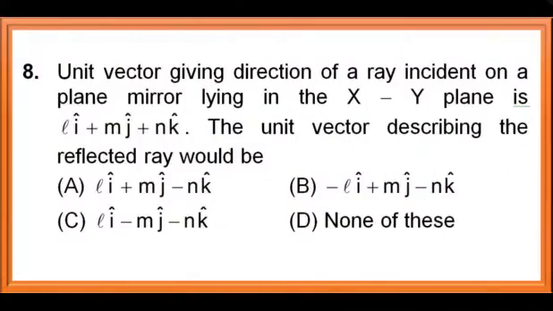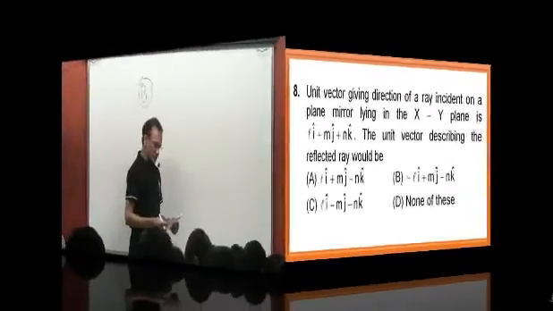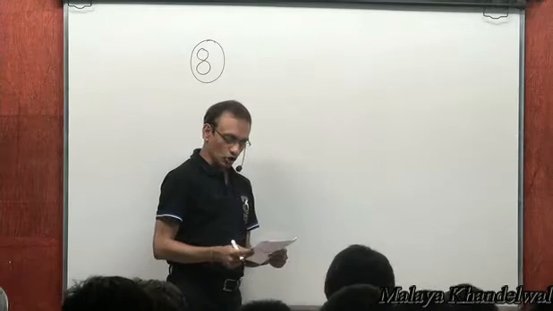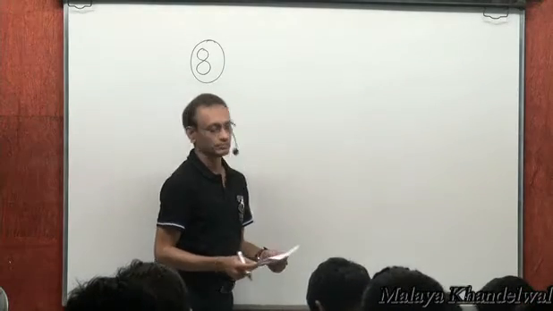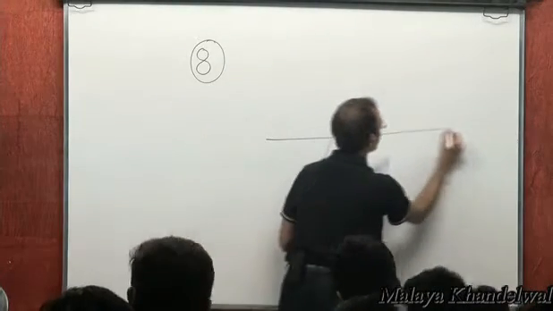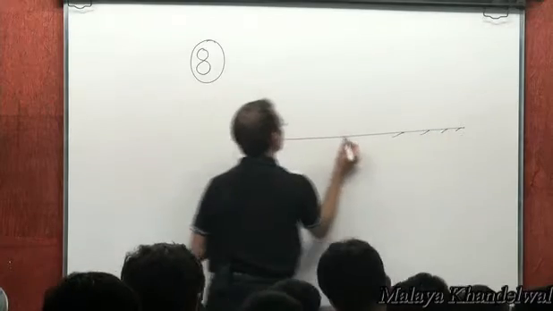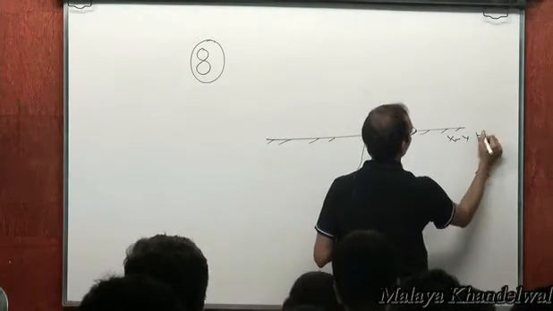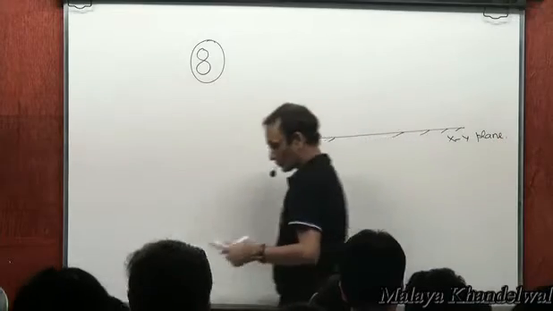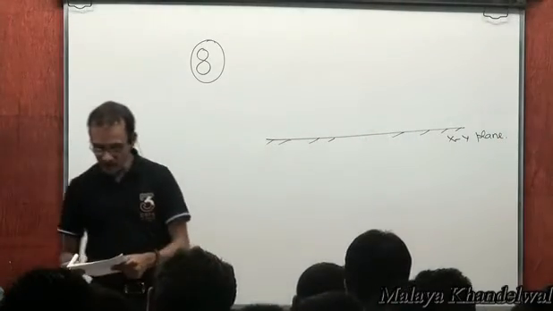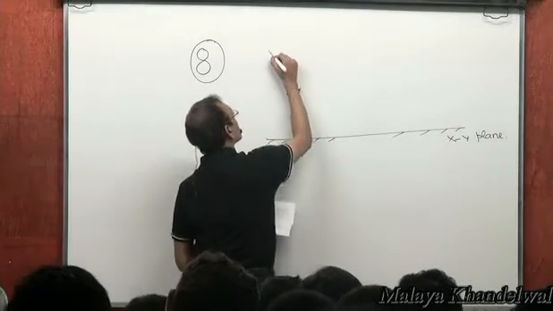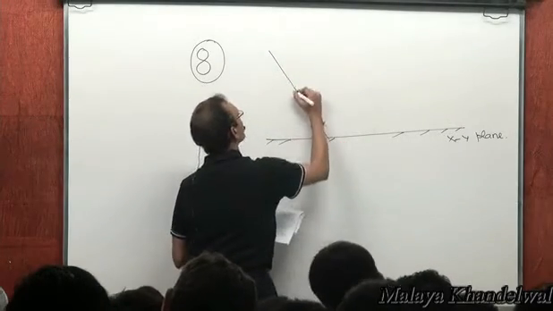Unit vector giving direction of a ray incident on a plane mirror in the xy plane. There is a plane mirror lying in the xy plane, and there is an incident ray.